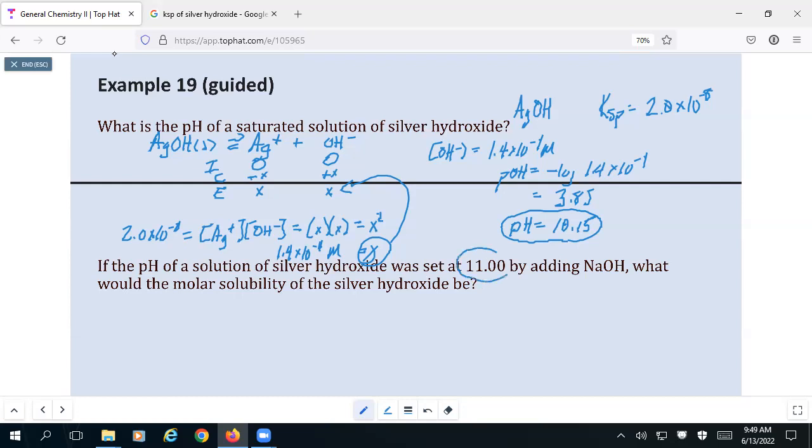Well, now we just have to work it around backwards. If the pH is 11, that means that the pOH must be 3, and the concentration of hydroxide must be 1 times 10 to the negative 3rd.